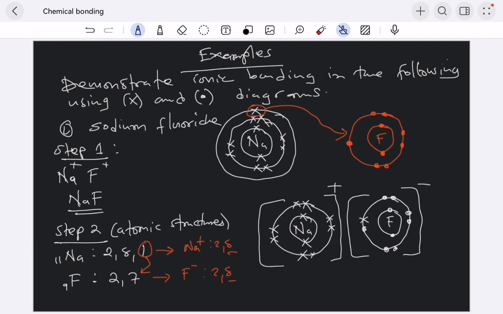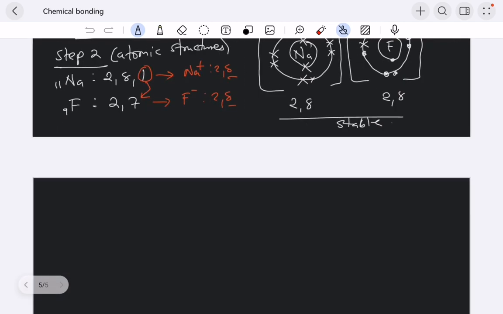So we are able to see that the new configuration now is 2,8 and 2,8, from 2,8,1 and 2,7. So in this state they are unstable, but once they undergo the chemical bonding they become stable. They are both satisfying the octet rule. Let's look at another example.